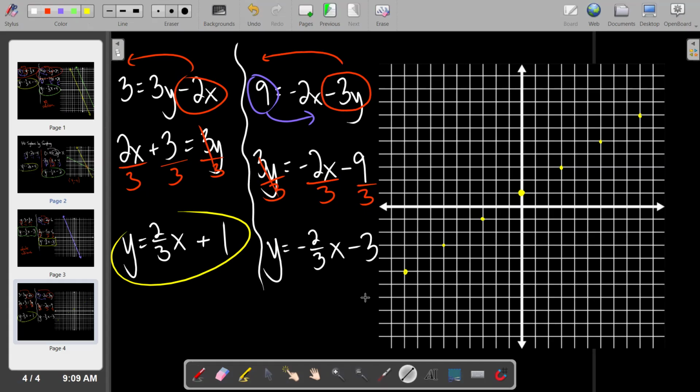How about Mr. Green? What's his slope? Right. And you grab a ruler, graph the line, see where they cross.